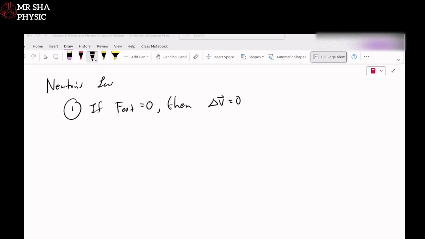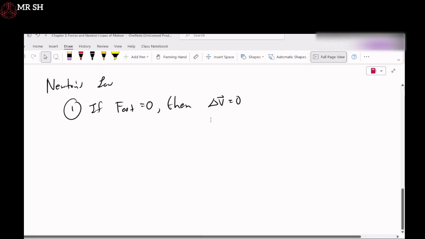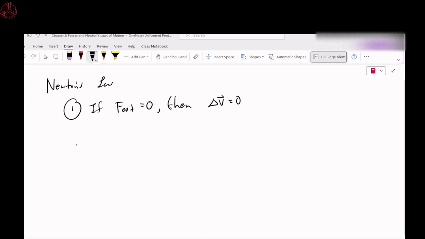So if the thing is initially not moving, then it's not going to move at all. If it was moving, it's not going to change its velocity. The second Newton's law is F is directly proportional to dp over dt, which is just the rate of change of momentum.